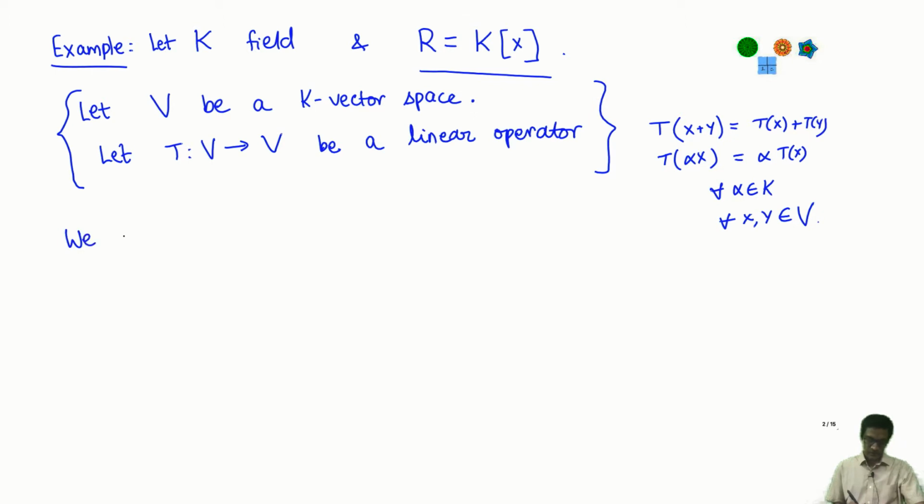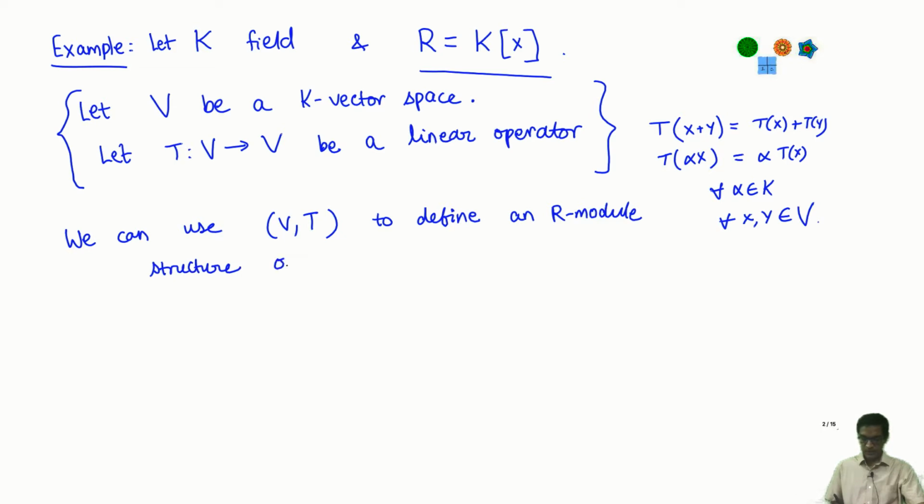We can use this pair V comma T to define an R module structure on the same space V. I can make V into a left R module as follows.